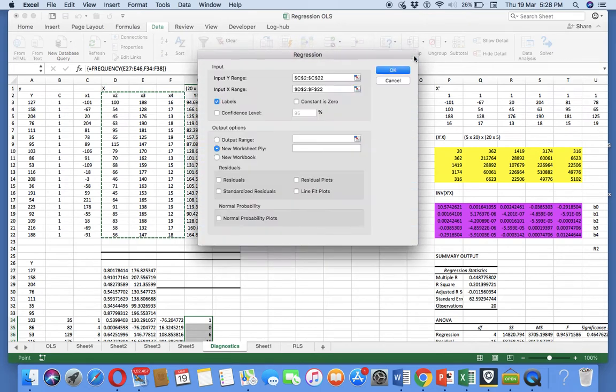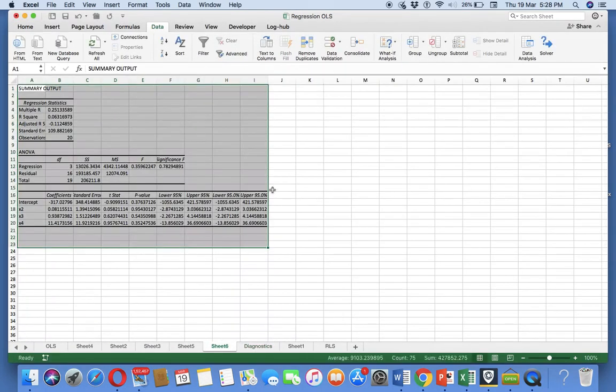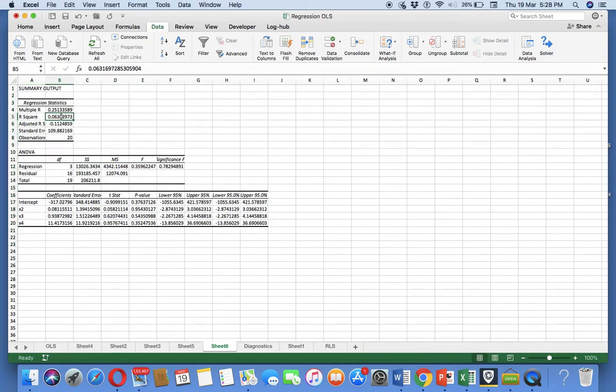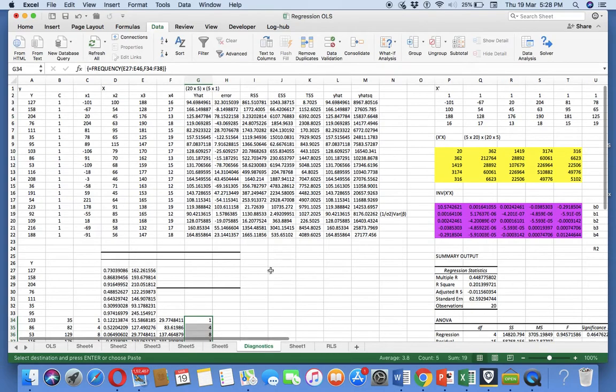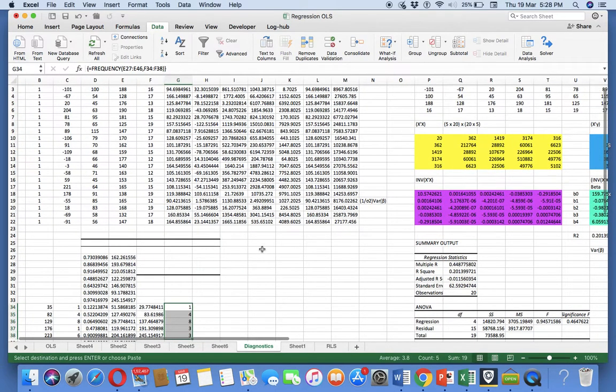So I close it and I run. Now I get a regression output. I don't worry too much about the coefficients. I straight away pick up the R squared. I'll come back to the restricted least squares. Okay, and this is my R squared.